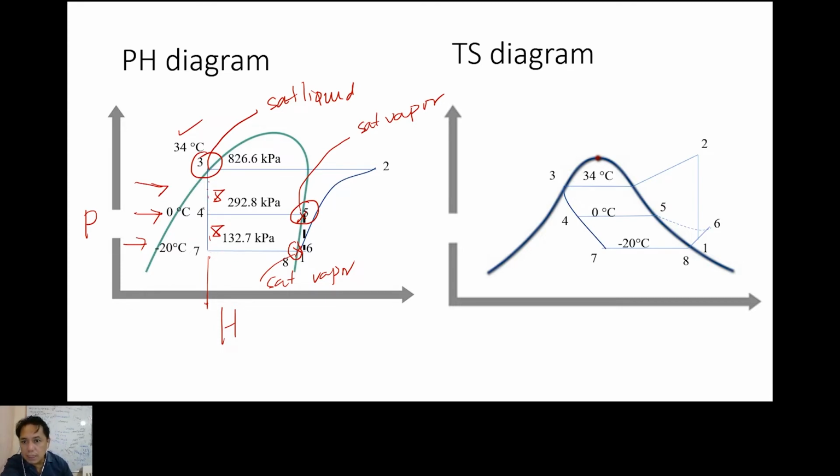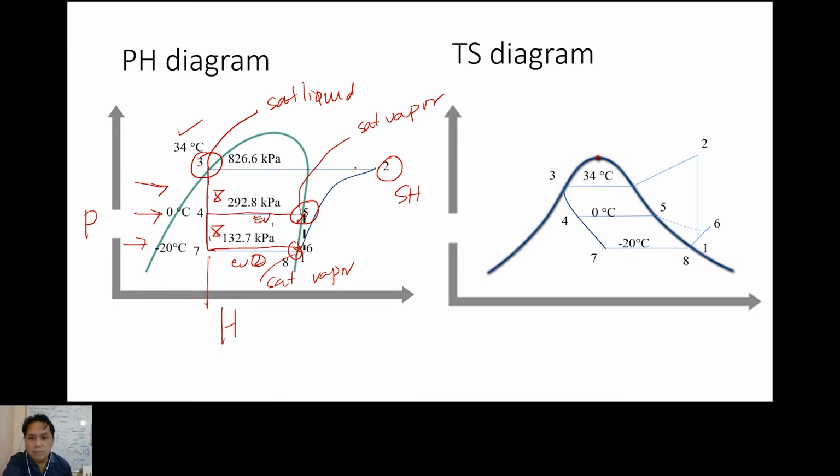How? Because 3, then 4; 4 to 5 is evaporator 1, then 7 to 8 is evaporator 2. This is straight because this is a constant enthalpy process. So what we are lacking is 1 and 2. We know that 2 is somewhere here, in the superheated region, because after the compressor, at the discharge port of the compressor, it is superheated.